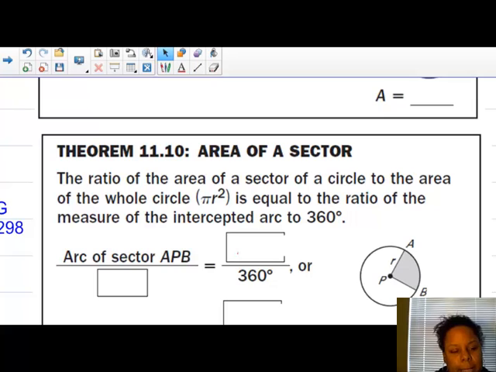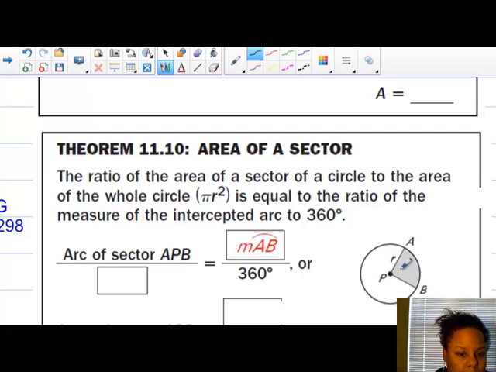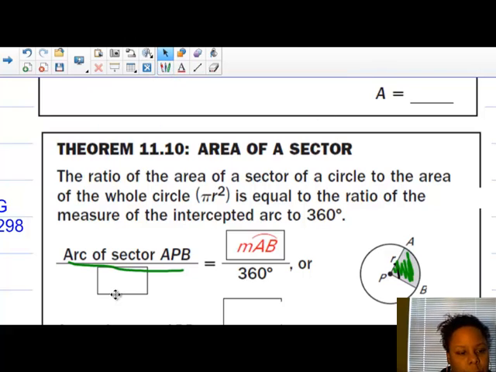Here we have our part to whole as well, where the part is the measure of the angle that produces the arc, and the whole is 360 degrees. And over here, the part is the area of the sector, and the whole is the entire area of the circle, which can be found by the formula pi times radius squared.